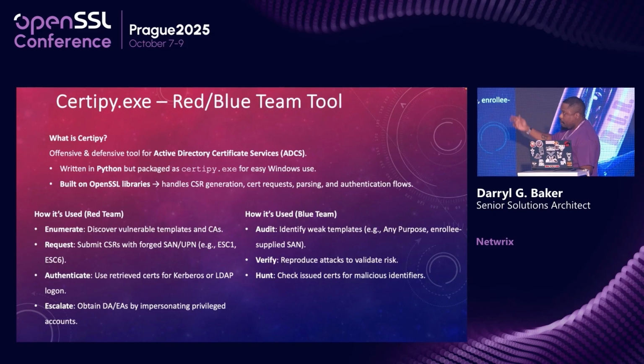Certify.exe is mostly based upon the OpenSSL libraries, so everything that deals with certificates relies on them. Certify actually has a lot of other functions inside of it, some AD functions and things like that. We're not going to get too deep into it. I just want you to be aware that there is a tool that exists that will do the things I'm going to talk to you about today, plus some other things as well.